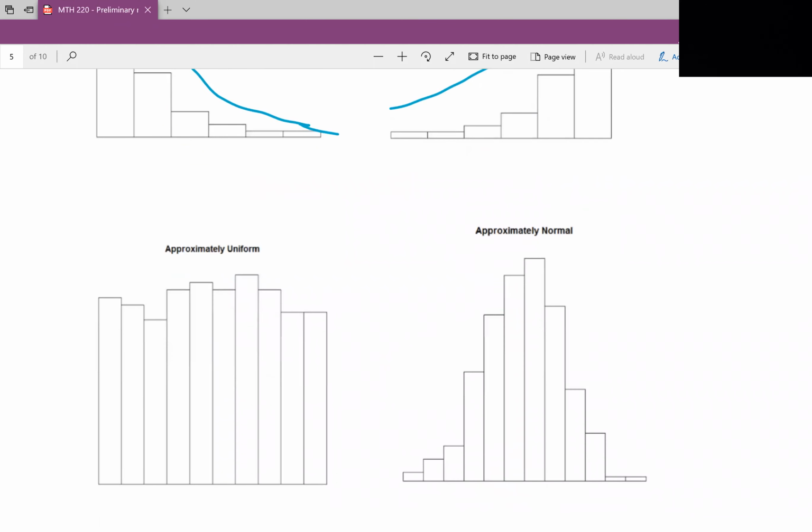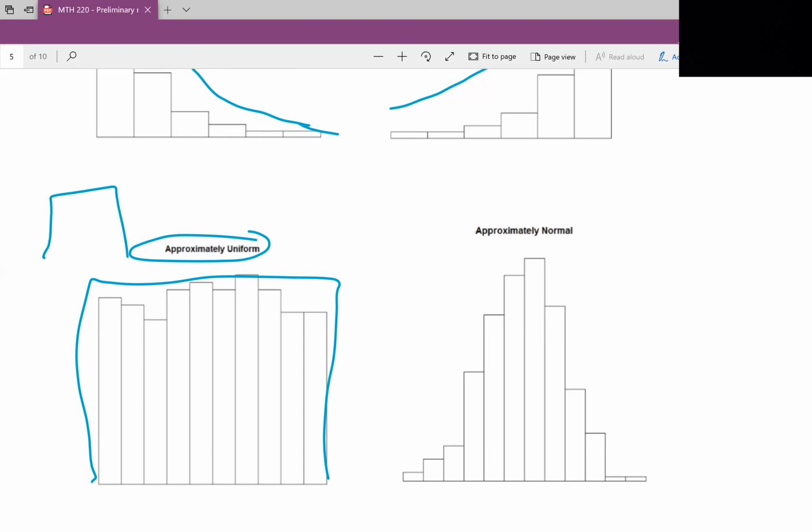So approximately uniform is going to be one that has a kind of boxy shape. Uniform means almost all of the bars are close to the same height. Now, if it was a perfect uniform, it would look straight across like that. This is approximately uniform because it's not exactly uniform, but it's pretty close to being all the same.